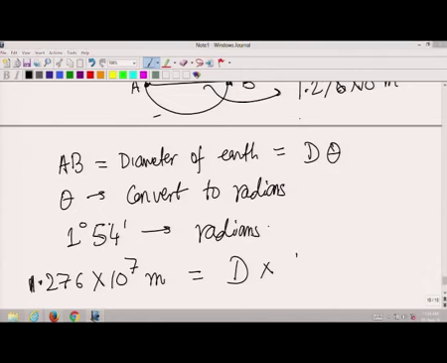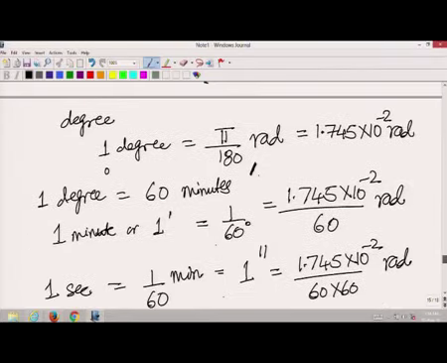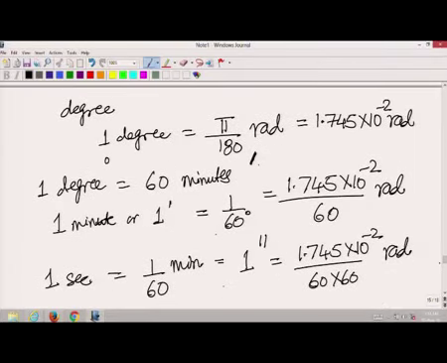Now, 1 degree 54 minutes will be equal to 60 plus 54 minutes, which is 114 minutes. We have the conversion factor. So, this will be 114 minutes, and we have already seen 1 minute is equal to 1.745 into 10 to the power of minus 2 divided by 60 radians.